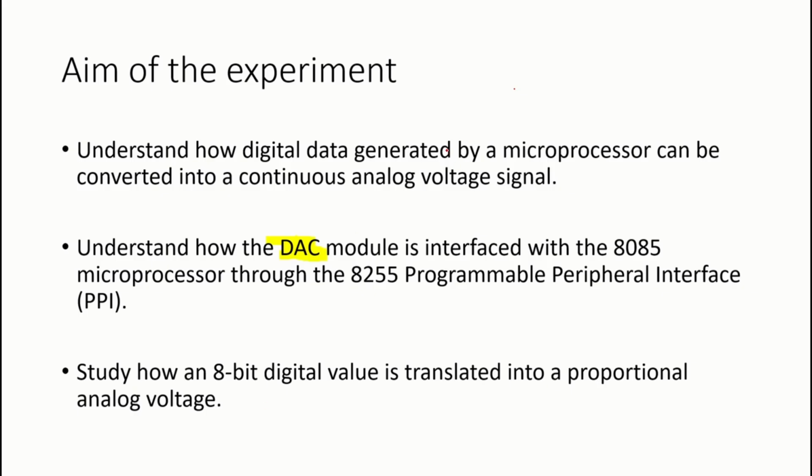What it basically means is, let's say the digital data going into the DAC is reduced, that means the analog data is also reduced. Also, from this experiment, we can understand how an 8-bit digital value can be translated into a proportional analog voltage. Because this 8-bit digital value will be in binary, we'll be looking at how it can be translated into a continuous analog voltage.